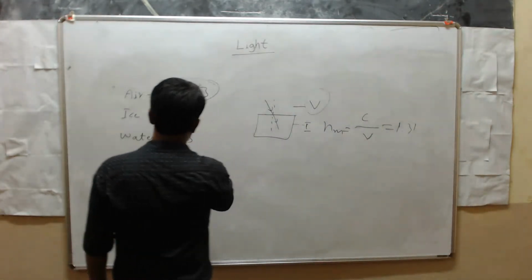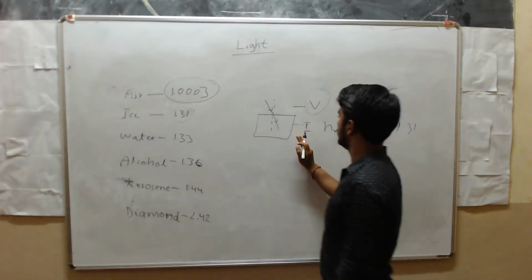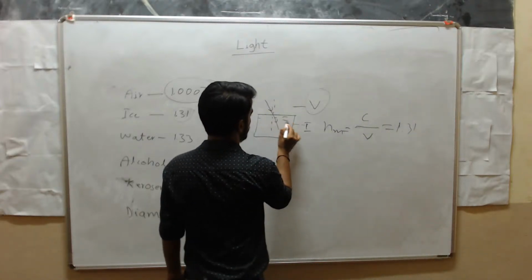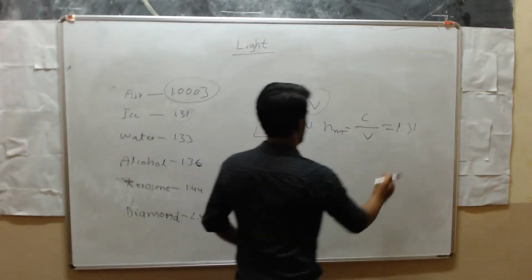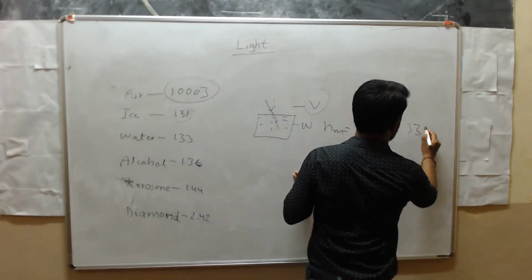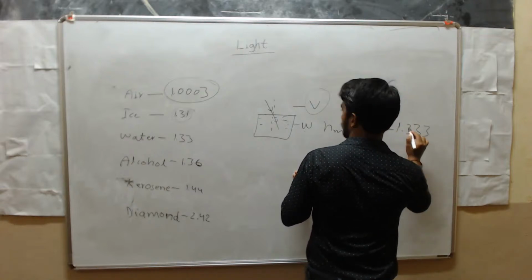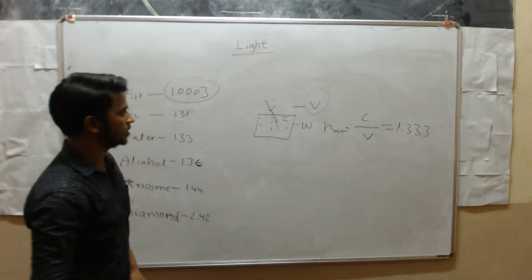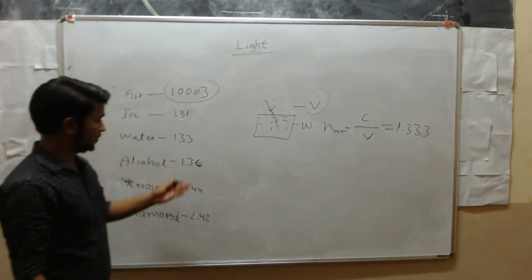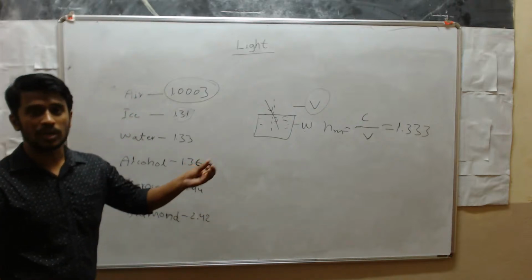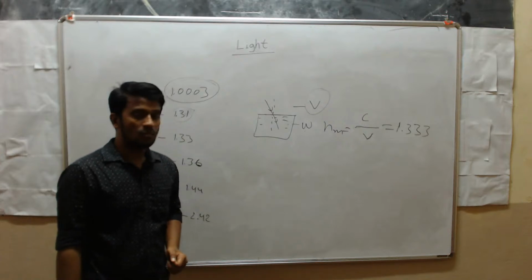This is water, 1.33. Here, the speed of light in vacuum. Just imagine this is a water medium. So here you get the answer 1.33, the speed of light in water. Here also we can say that the speed of light is 1.33 times slower than the speed of light in air or vacuum.